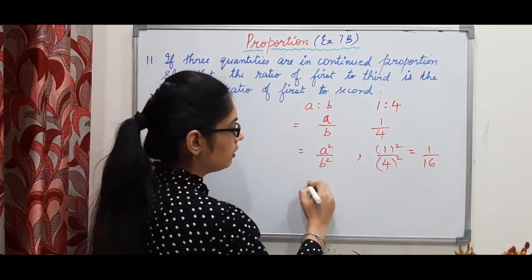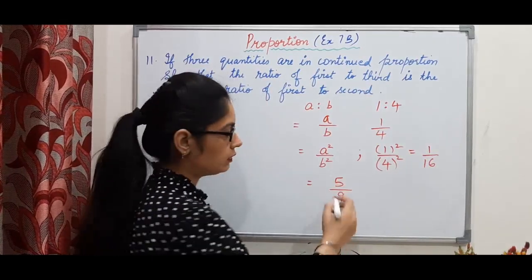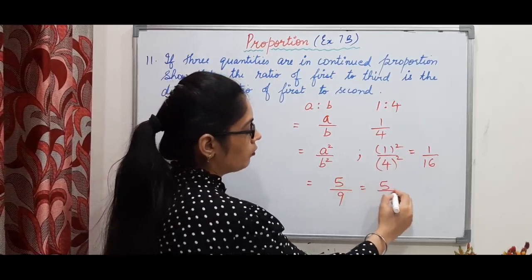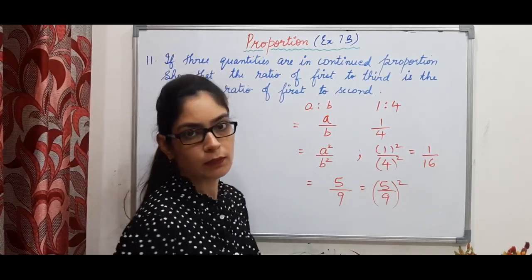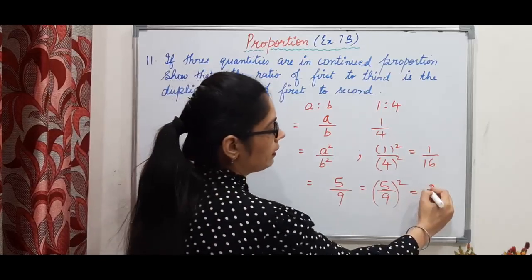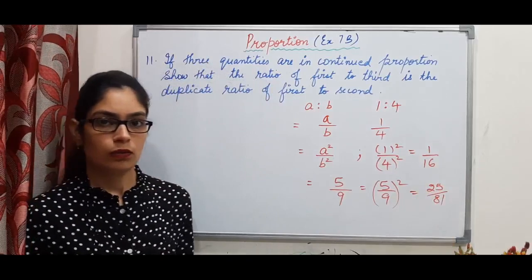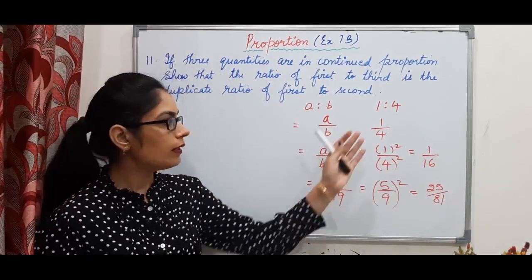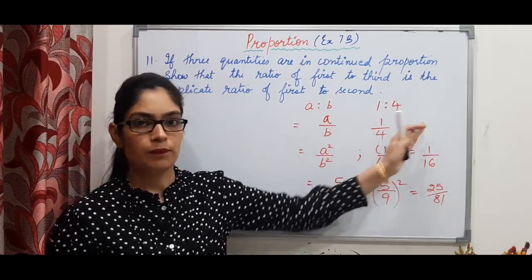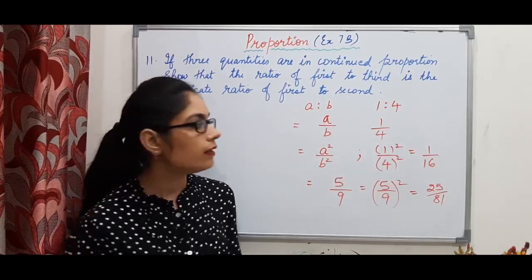If I have to take the duplicate ratio of 5/9, its duplicate ratio will be 5/9 whole square, or 5 square by 9 square. So it will be 25/81. So for duplicate, you can just remember that it is related to square. Whatever ratio is given to us, we just have to square it. That will be the duplicate ratio.